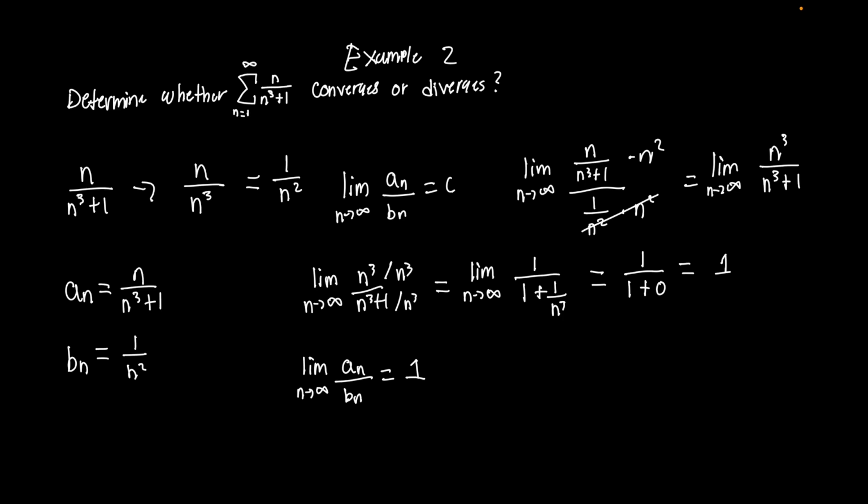Because it's the p-series, right? Our b sub n was 1 over n squared, and this converges when p is greater than 1. Therefore, the original series also converges. So we can say that this series converges by the limit comparison test.